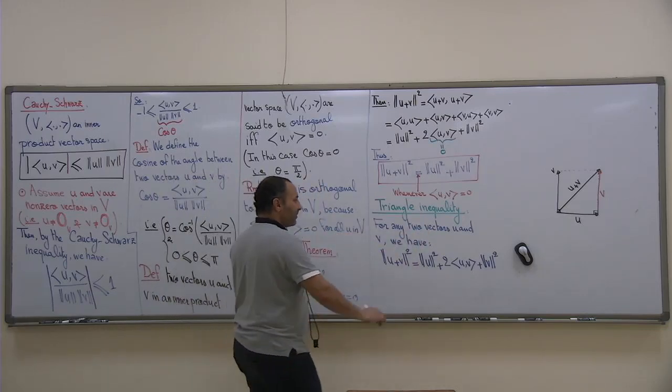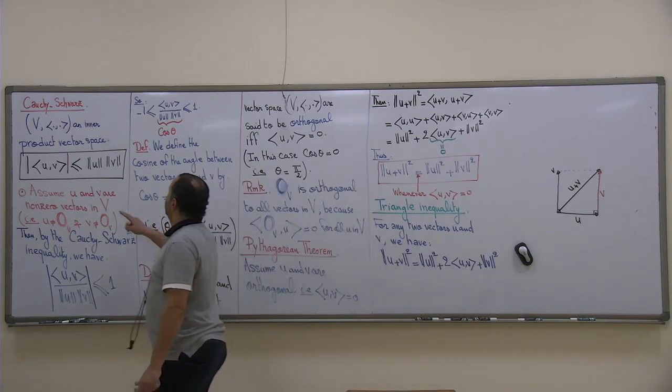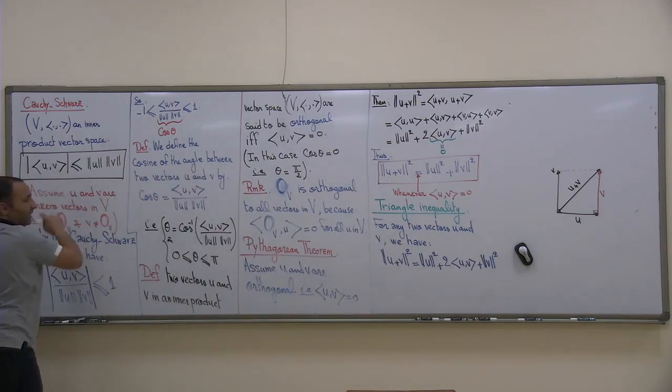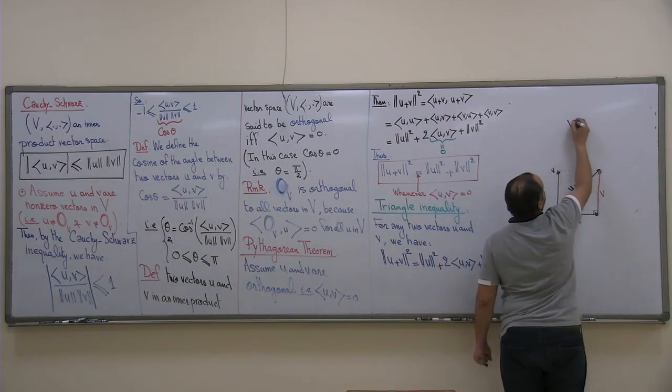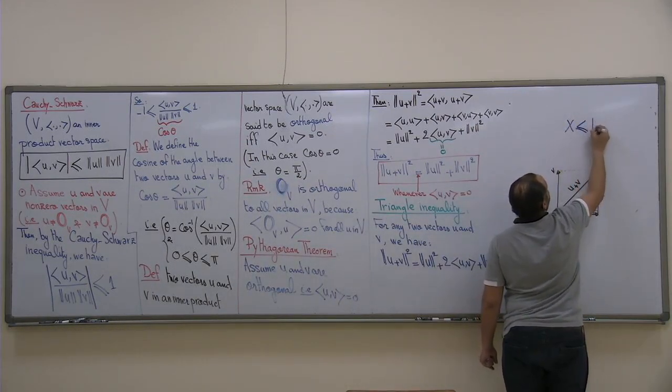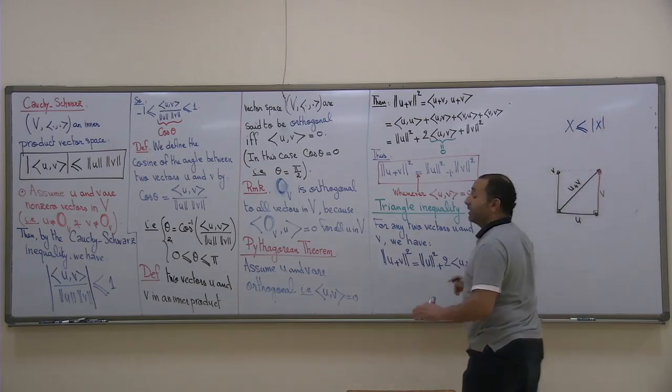Now, I want to use the Cauchy-Schwarz inequality here. I know that for any real x, x is always less or equal to the absolute value of x. This is a fact.